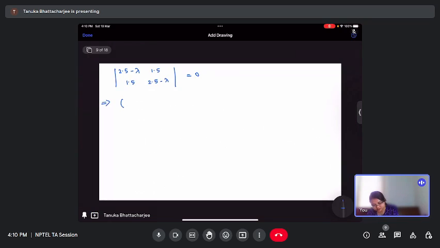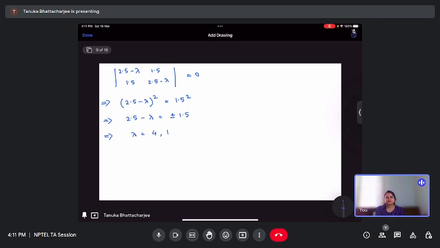That becomes (2.5 minus lambda) whole square equal to 1.5 square, or 2.5 minus lambda equal to plus minus 1.5, which leads to lambda being either 4 or 1. So these are the two eigenvalues for this covariance matrix, 4 and 1.